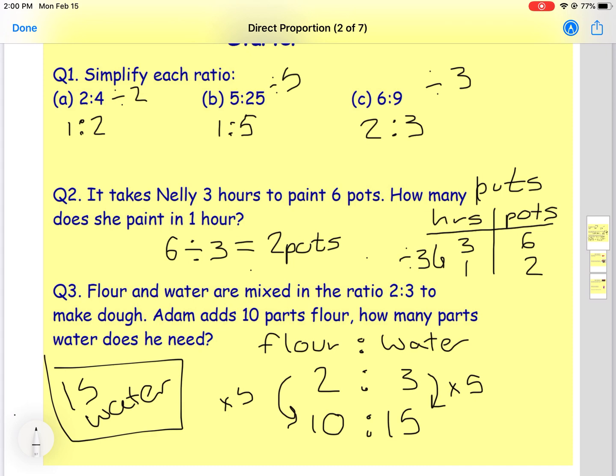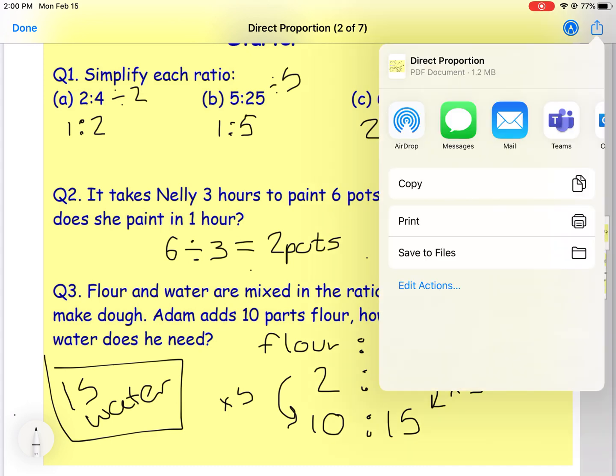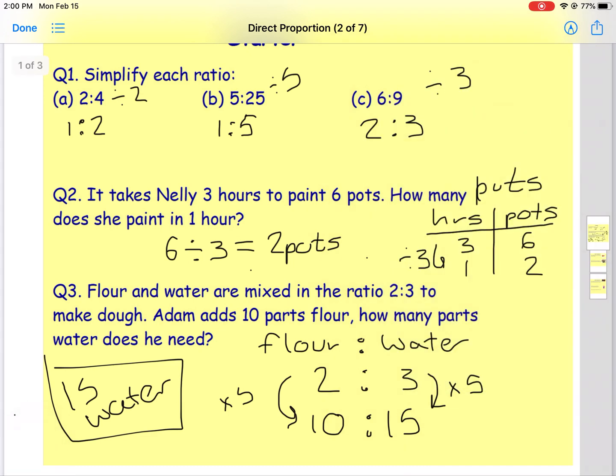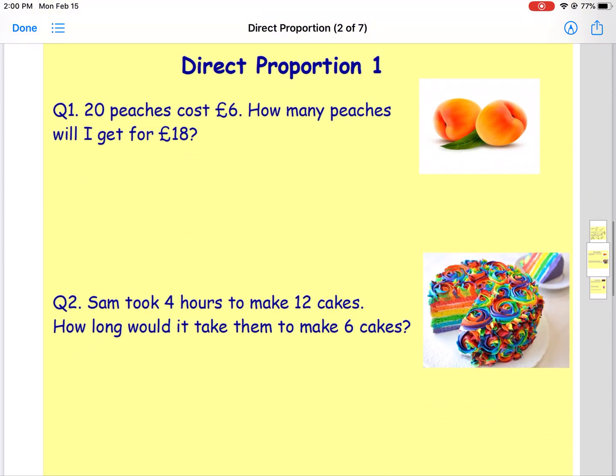Okay. Hopefully those questions were okay for you. And now we're going to move on to our proportion calculations. So with each of these questions here, we are going to create a flow chart. So the questions that we did with the ratio calculations last week and the week before, we are going to use that process to do some calculations with these today.